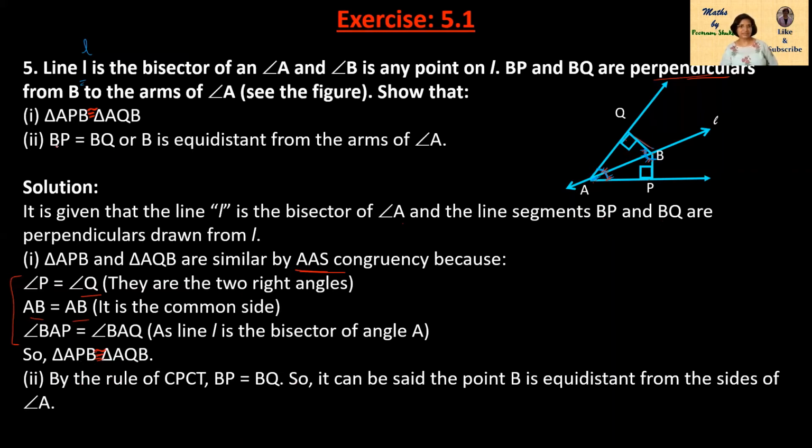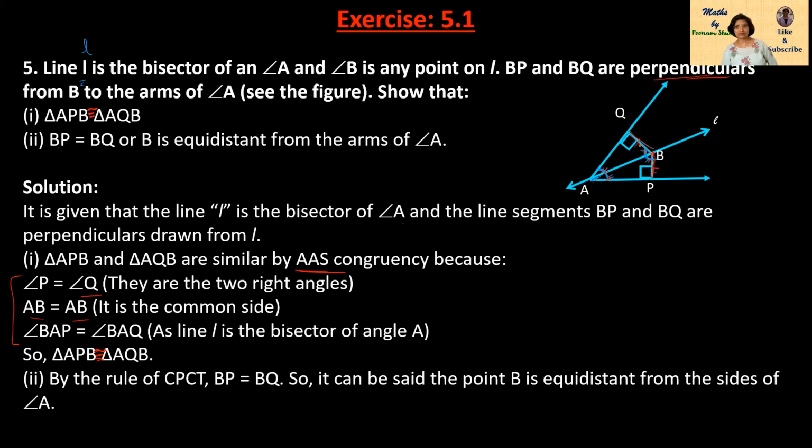So the second part says BP equals BQ, or B is equidistant from the arms of angle A. Means BQ equals BP. Means this point is equidistant, means this side and this side, this distance, is equal.